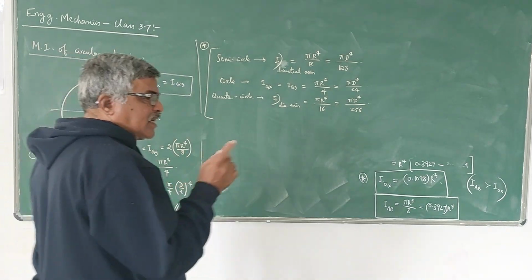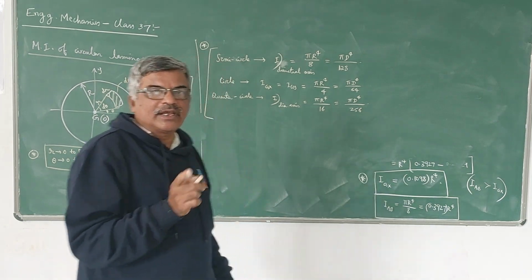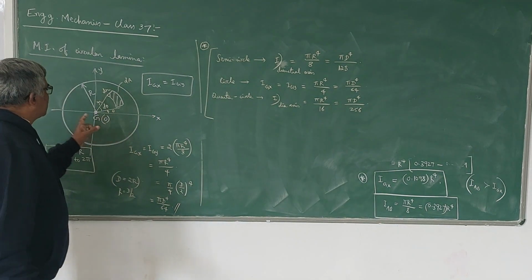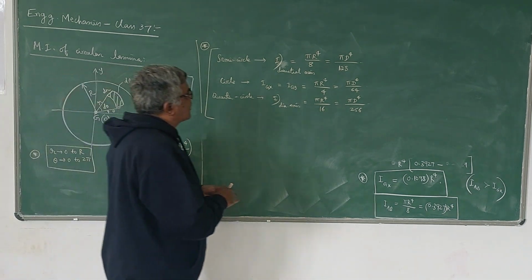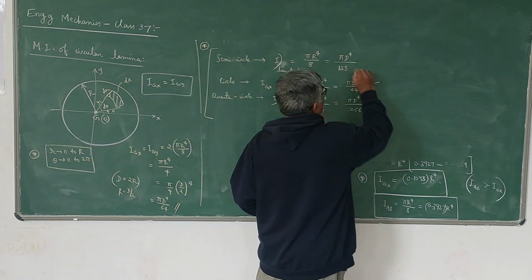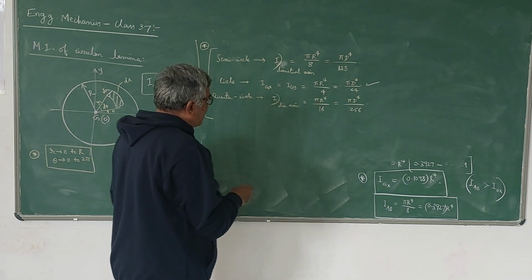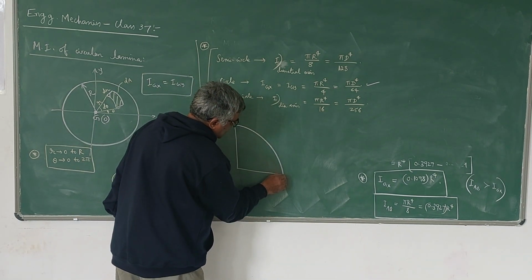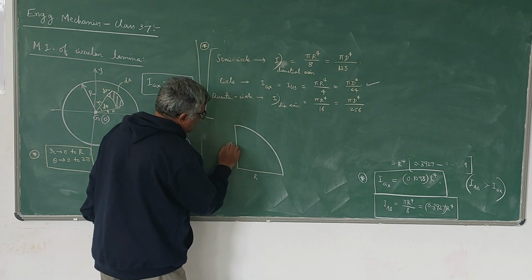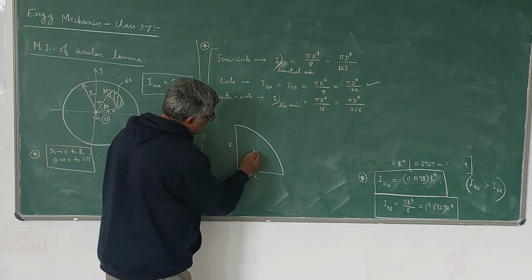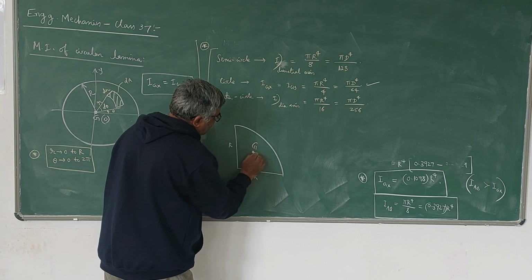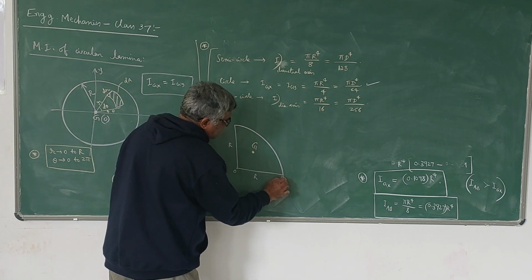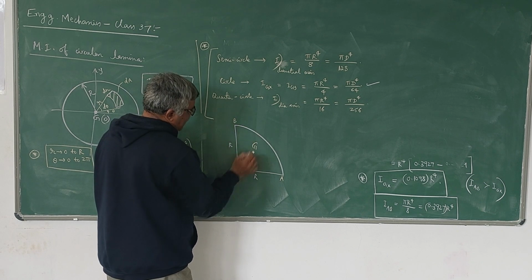If you want about the centroidal axis, in the case of circle, the diametral axis and centroidal axis are both the same, whereas here it will be different. In the case of a quarter circle, the centroid lies at an equal distance from the center O. So OA is the diametral axis, or OB is the diametral axis.